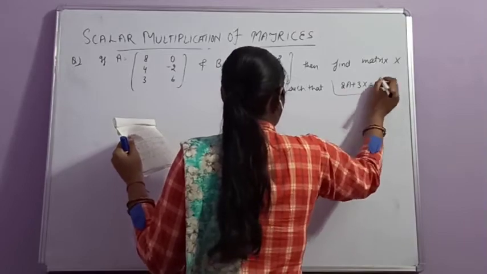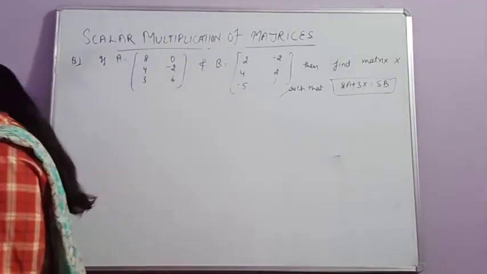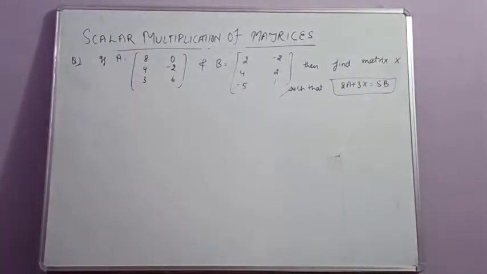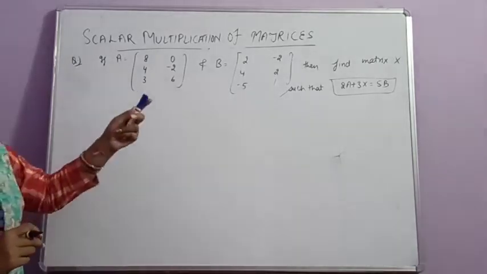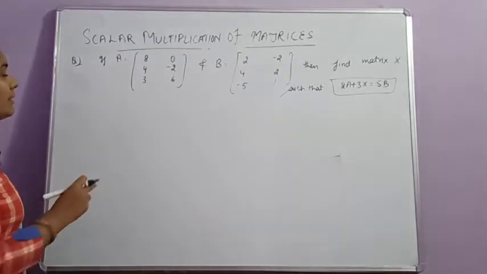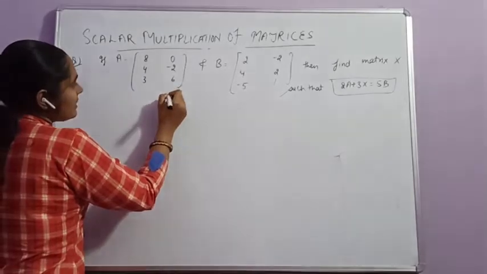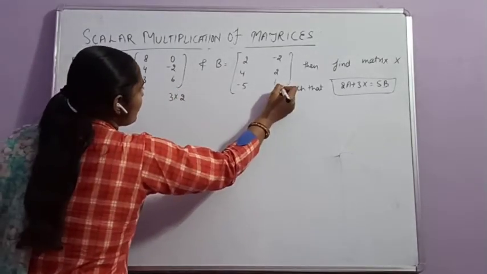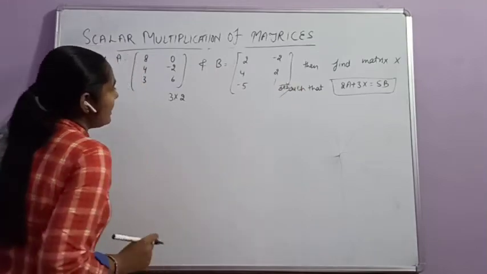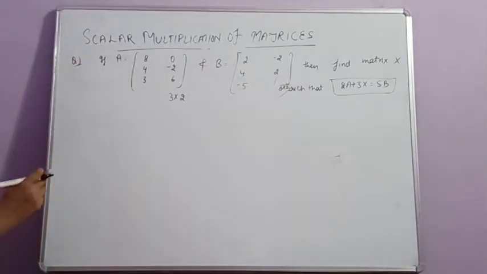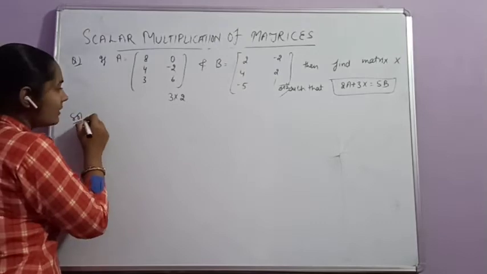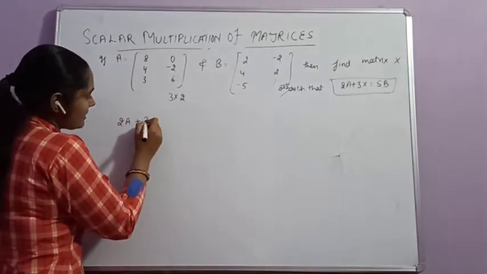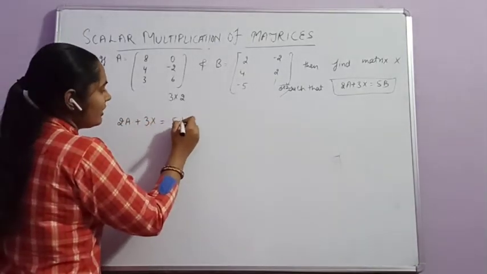It is given 2A + 3X is equal to 5B and we have to find out the value of matrix X. Clear? Here order of A is 3 into 2. Similarly order of B is also 3 into 2. Number of rows is 3 and number of columns is 2. We are given the condition 2A + 3X = 5B.